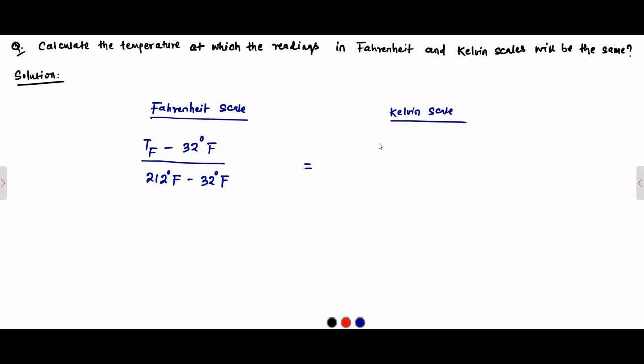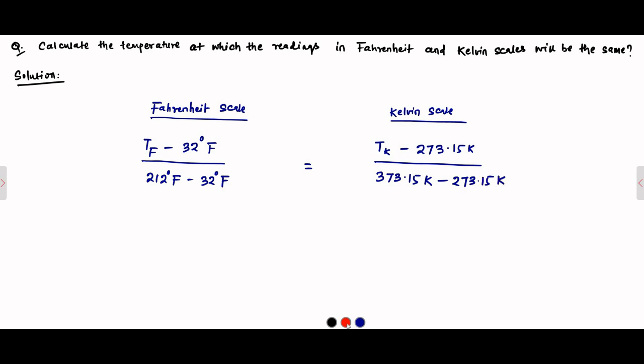So the particular temperature reading in Kelvin scale we will denote as TK, minus the lower fixed point, which is 273.15 Kelvin, by the upper fixed point, which is 373.15 Kelvin minus 273.15 Kelvin, the lower fixed point.